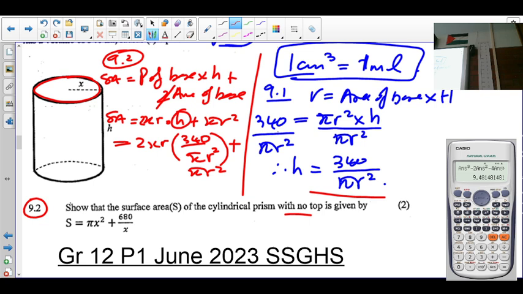I just realized now I have to change this to x because x is r. So in the next step I'll just do the simplification there. r cancels with one of the two r's, which now gives me 340 times 2, which is 680.